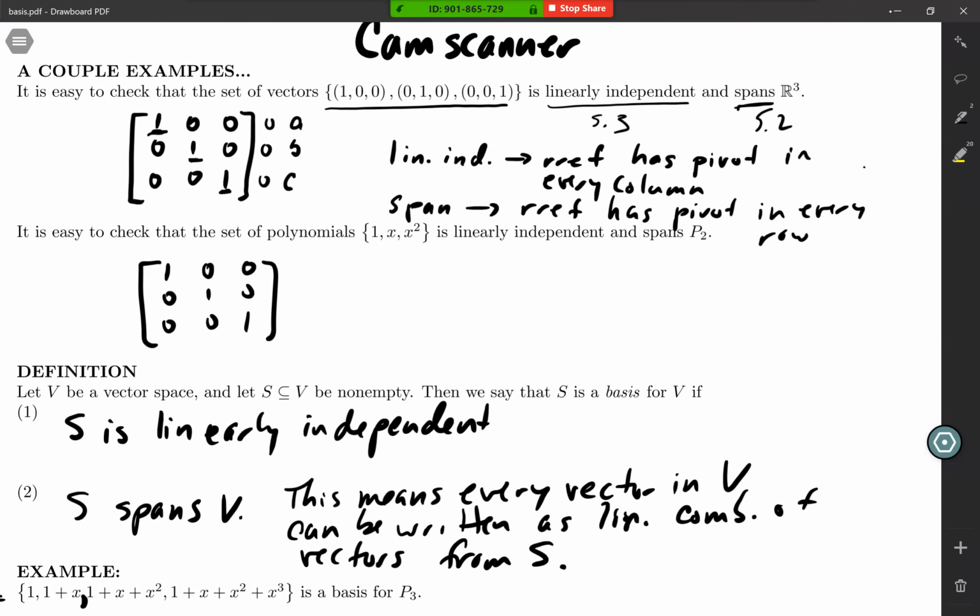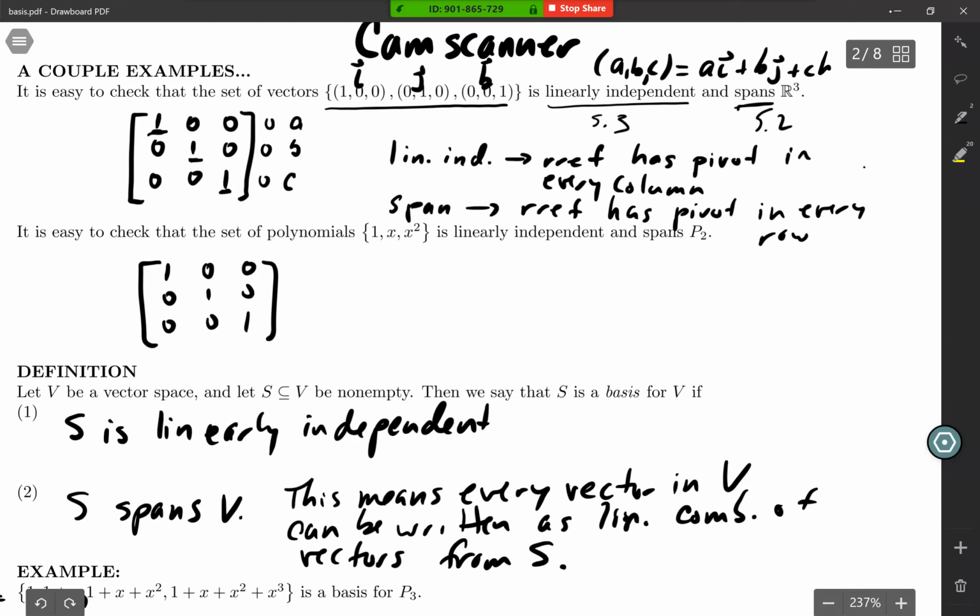If you've had Calc 3 or probably some physics classes as well, you'll recognize these vectors as being referred to as i, j, and k. Doesn't matter what I call them, but I notice that any vector in R3, if I write it as a, b, c, that's going to be a times i plus b times j plus c times k.